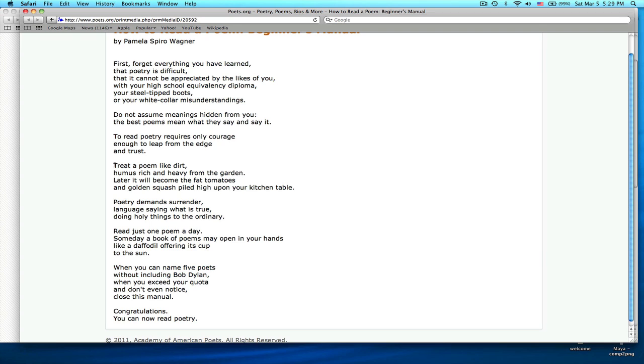So the expectation that gets set up in this first line is to treat the poem like dirt, to treat it poorly. But the completion of the thought suggests something else, and that is to treat it as something that is incredibly rich and luxuriant and life-giving.